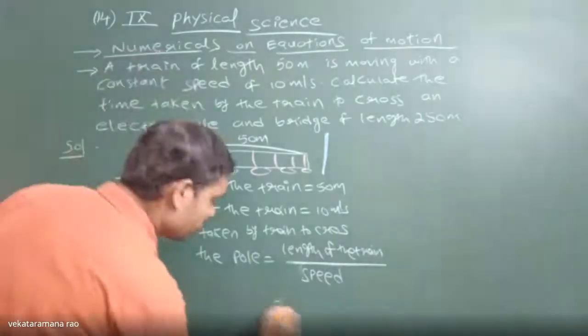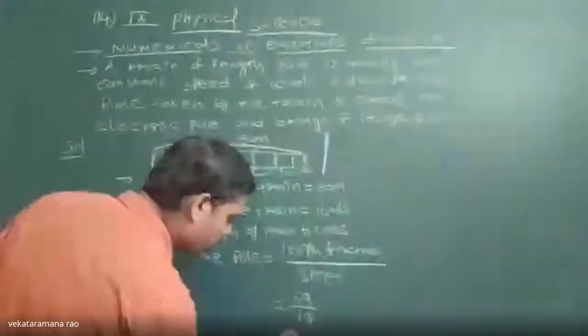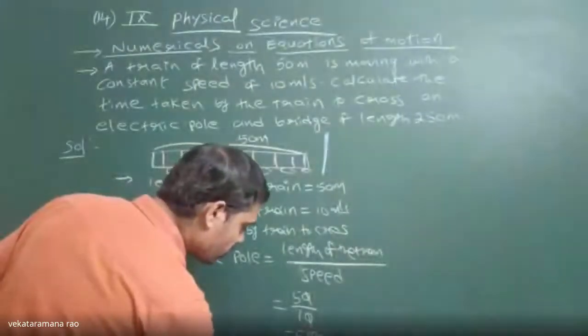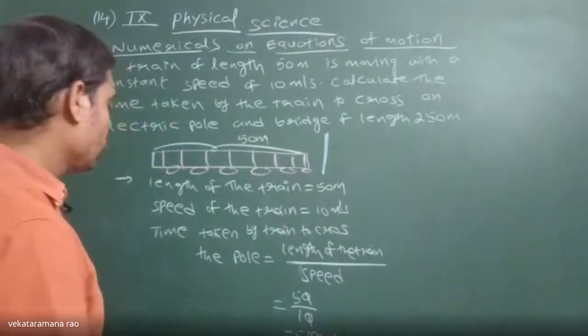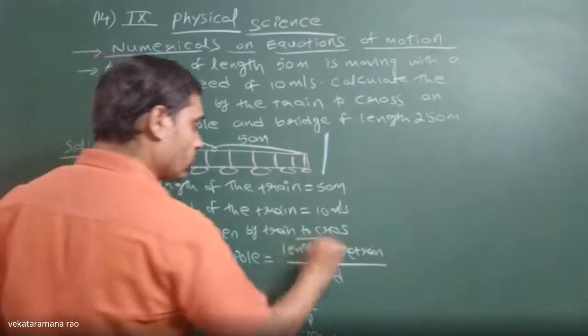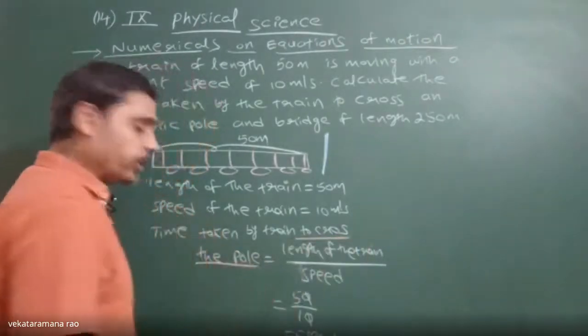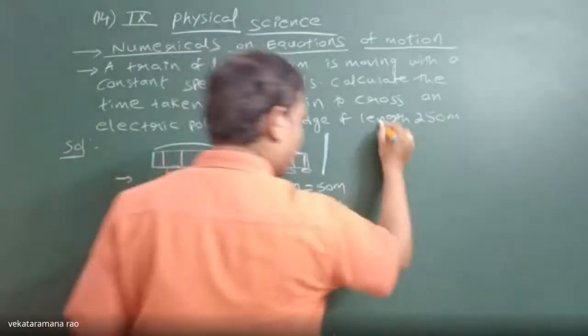That is 50 by 10, the zeros cancel, so 5 seconds. To cross the pole, it takes 5 seconds.